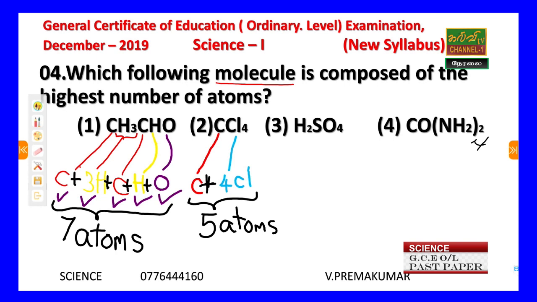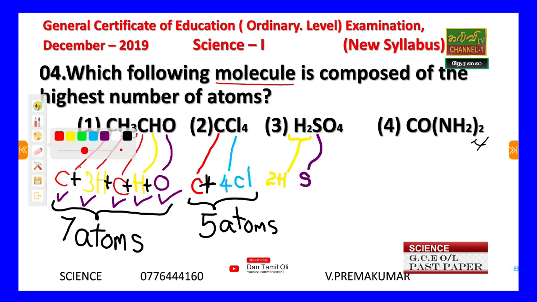Then H2SO4. Here, in H2SO4, there are 2 hydrogens and 1 sulfur atom.